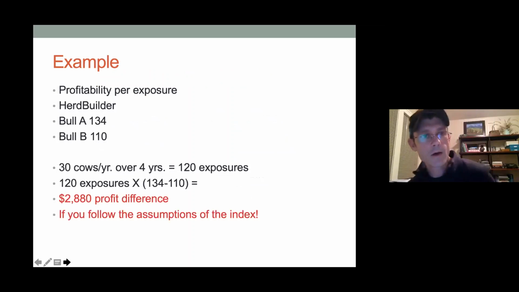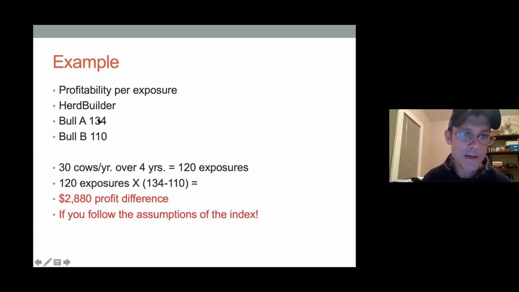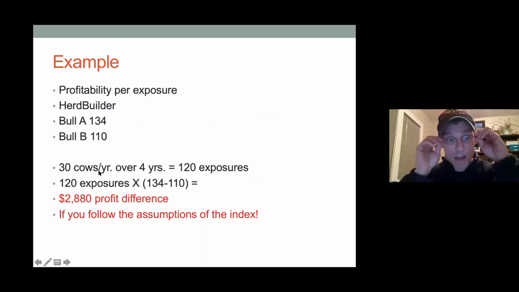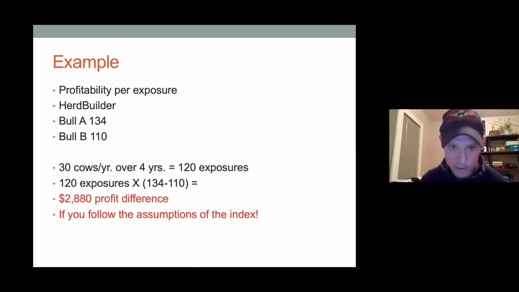An example of how indexes can work, this is a bit dated, but a Red Angus example here. We have two bulls, and we have their index values of 134 and 110. If we make the assumption that the bull I buy is going to be bred to 30 cows a year, and I'm going to keep the bull for 4 years, that's 120 exposures over his lifetime in my herd.